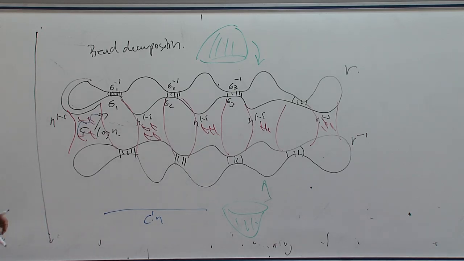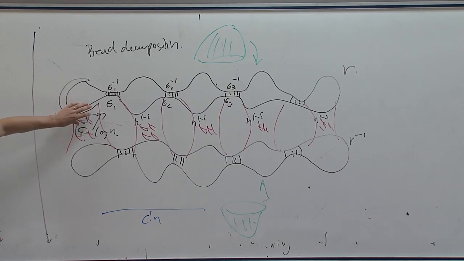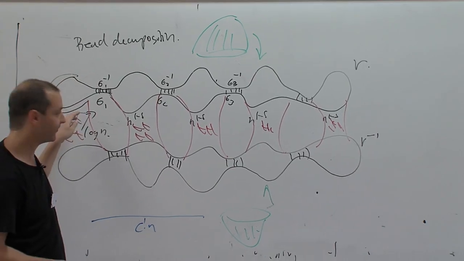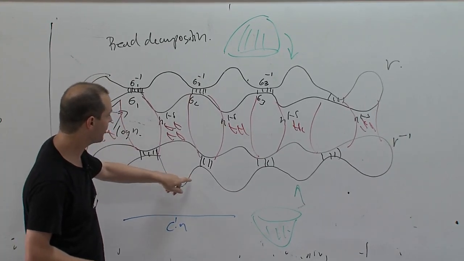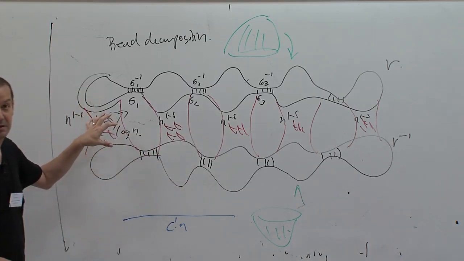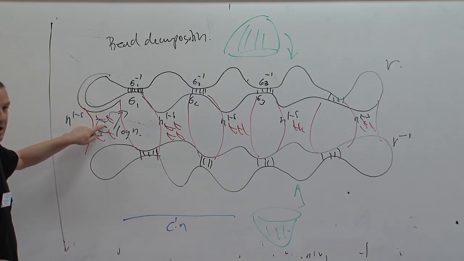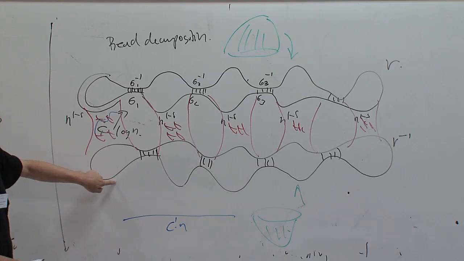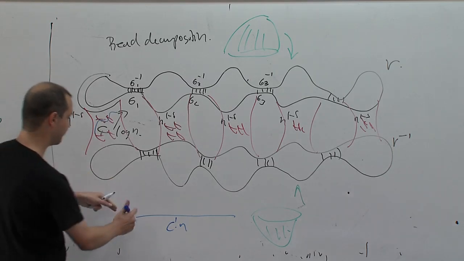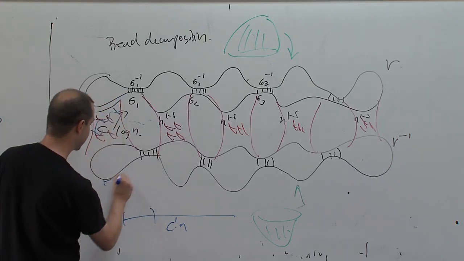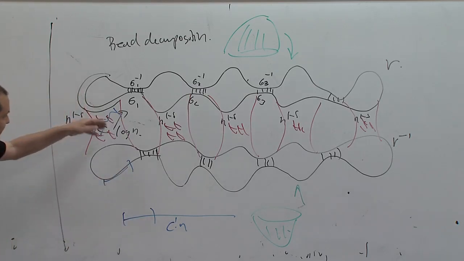Well, this piece here is independent of all the other guys. So whatever this piece is that occurs in this fat graph, it's not going to appear in R or R inverse outside this bead. So this long path, wherever it appears in R or R inverse, it's going to have to appear in the same bead. This is a piece of this path that we're tracking. We're tracking it in the fat graph, and we're going to track it in R. It has to appear basically in the same bead.